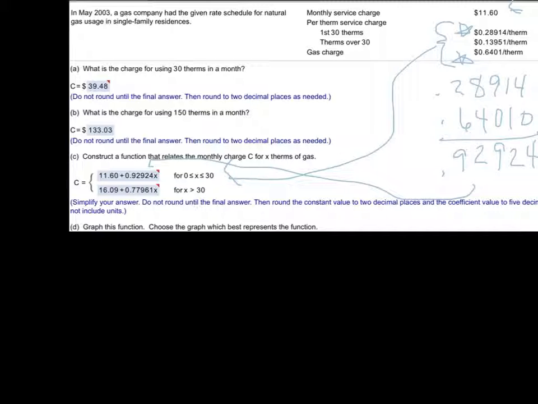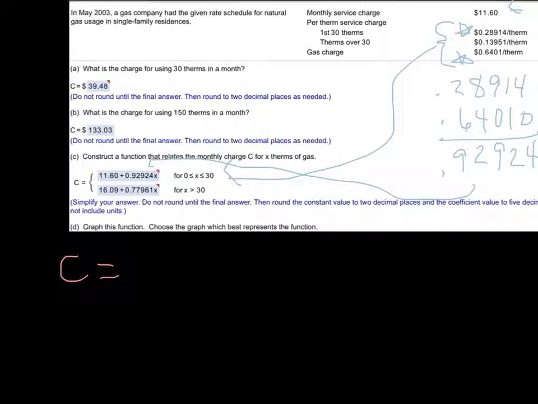Okay, so moving on to the second part of part C, the second interval, the x's, of course, represent the number of therm service charges. So in the second portion, let's break this down a little bit. Our total cost is going to be our fixed cost and our variable cost.